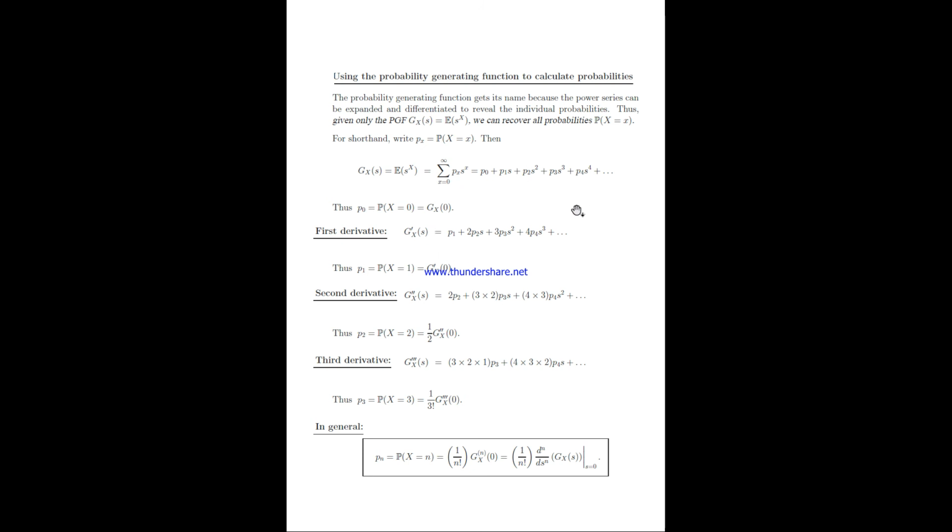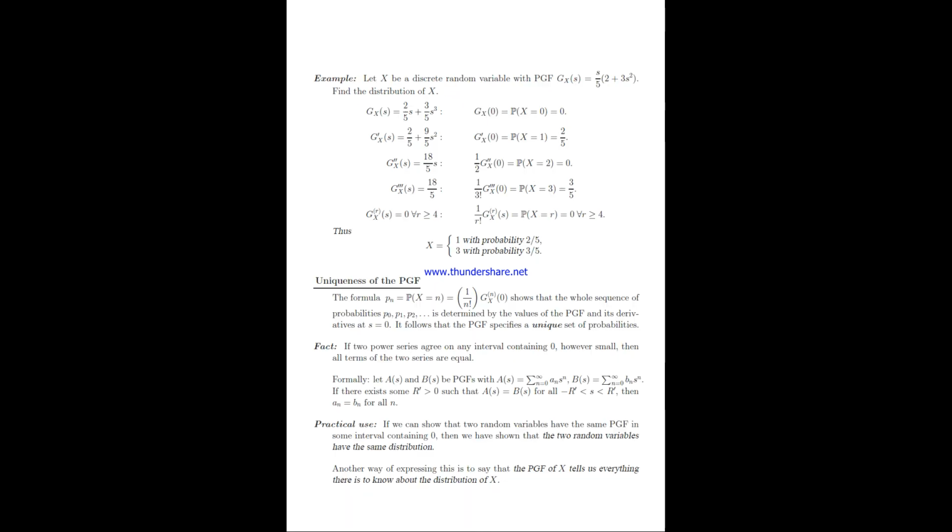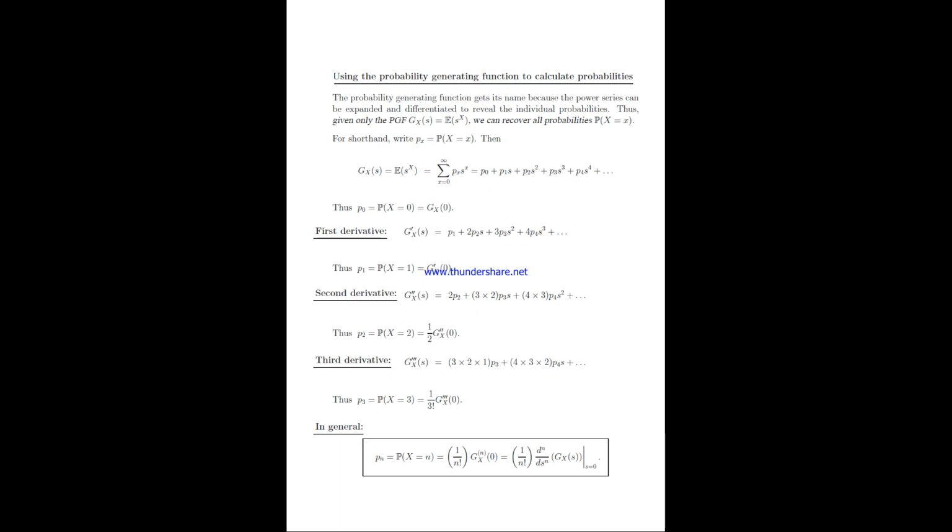What happens if you substitute 1 into the first derivative?